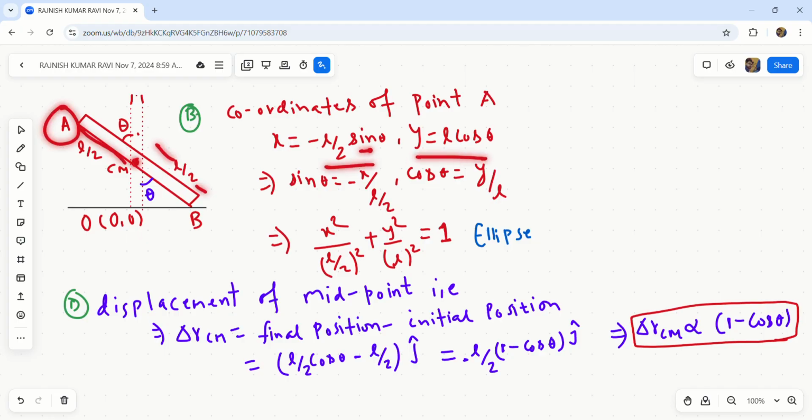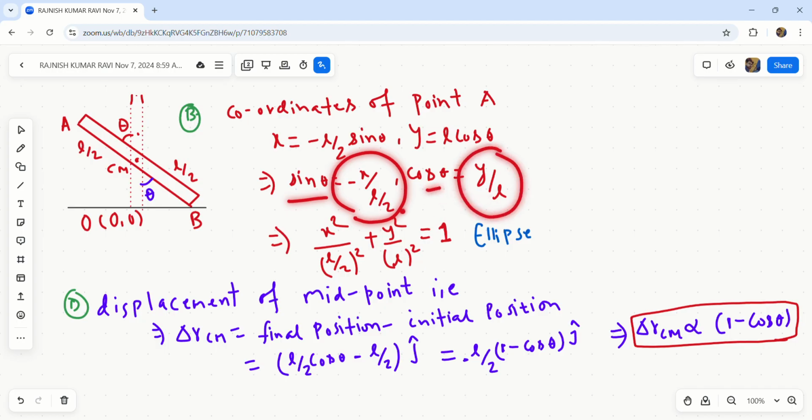If we find sine theta and cos theta from these two equations, sine theta will be equal to this one and cos theta will be y by L. If we square sine theta and cos theta and add both the equations, we will end up with this equation.